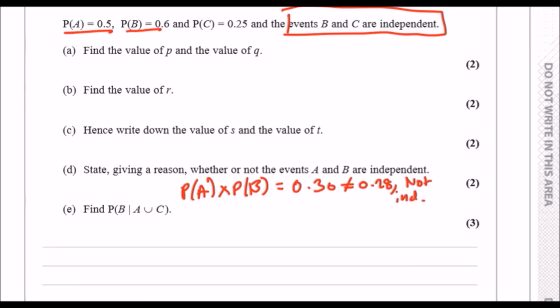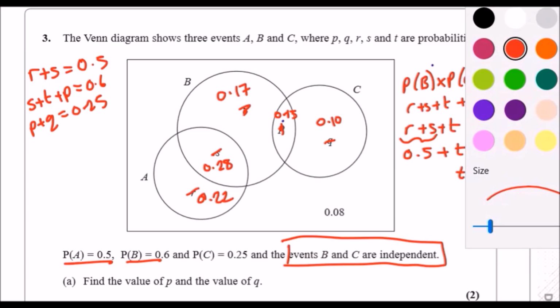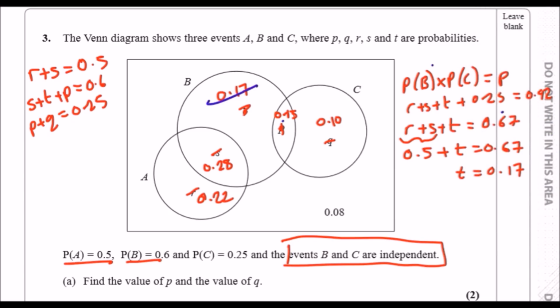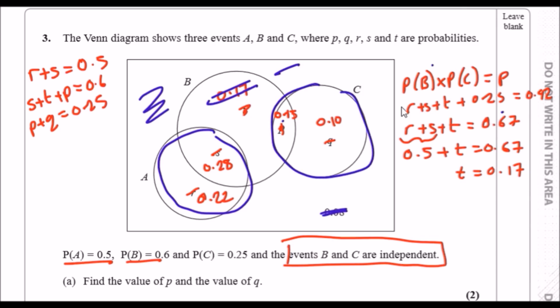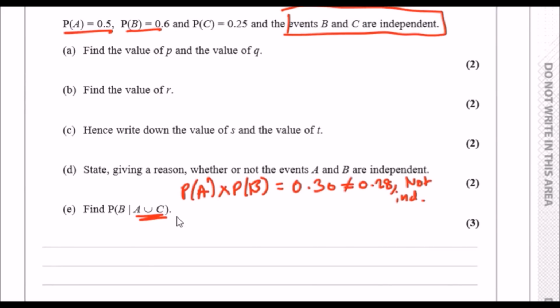Okay. Now, final question. Find the probability of B given that we have the union of A and C. With these given-that questions, always look at the given-that part. A union C means we only include the whole of A and the whole of C. So for the whole Venn diagram, we can ignore every other value that is not in A or C. This means our total sphere of interest is everything in A and everything in C. However, we want to find the B part in all of them.